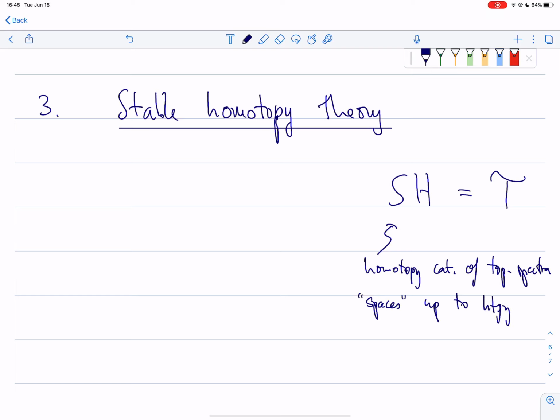And then you say, with the suspension, which is the smashing with S1, formally inverted, if you want. Now that would be, if you do it exactly like this, the Spanier-Whitehead category, and you do it in a way that this category still has infinite coproducts, because that's important for Brown representability. And the compact part of that you can do with a purely Spanier-Whitehead construction.